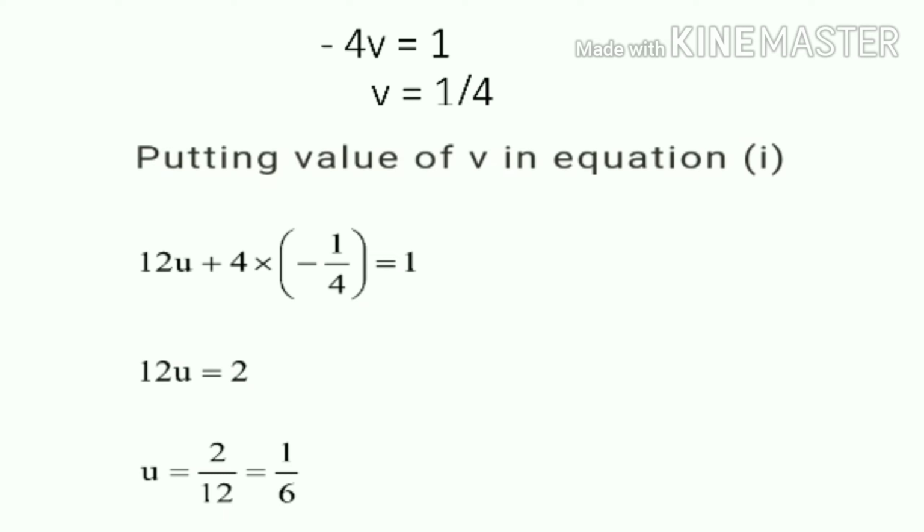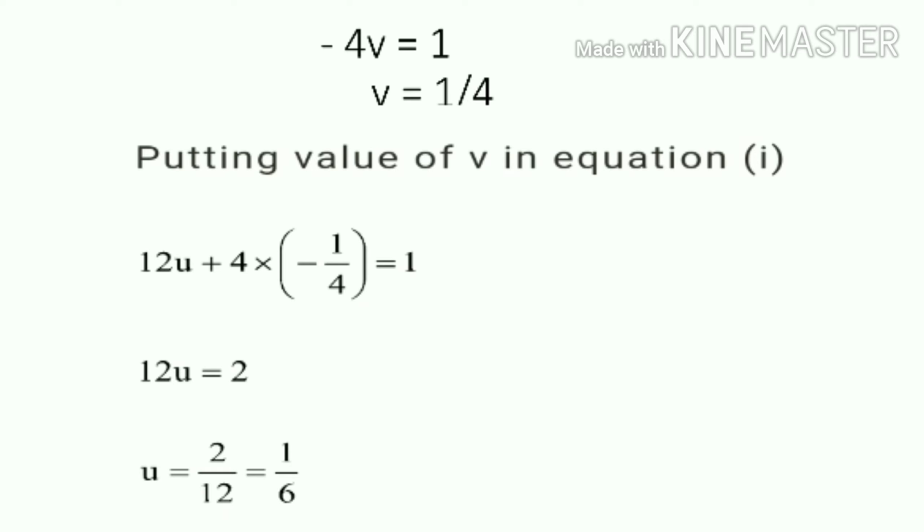The value of v is minus 1 upon 4. So 12u plus 4 into minus 1 upon 4 is equal to 1. The 4 cancels, and it is plus times minus, minus. So minus 1, when it is transposed to the right side, becomes 1 plus 1, that is 2. So 12u is equal to 2, and u is 2 upon 12, which is 1 upon 6.